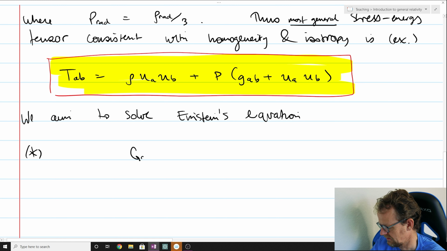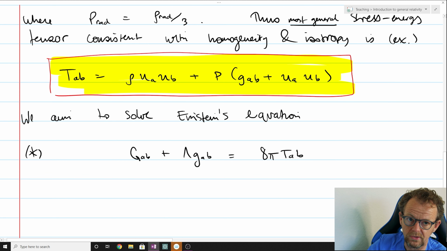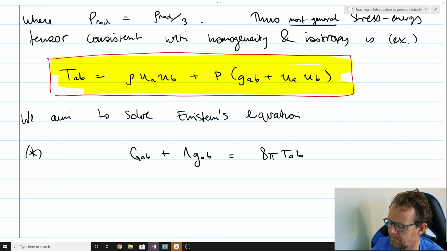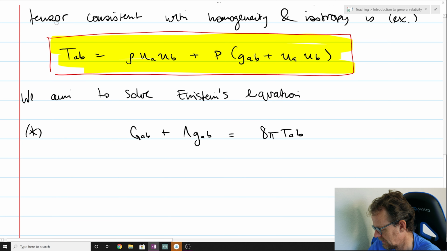And Einstein's field equations, well, what do we need? Well, we need the Einstein tensor G, big G. We need the stress energy tensor T_ab. So we have the metric, we have the stress energy tensor, and I've added on here an extra term called the cosmological constant term.